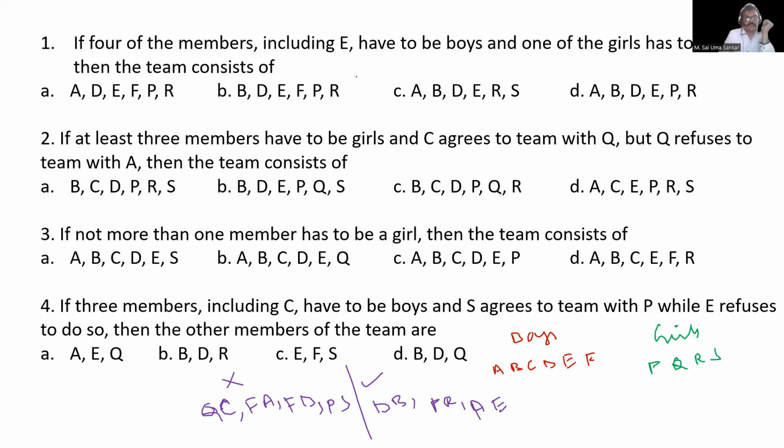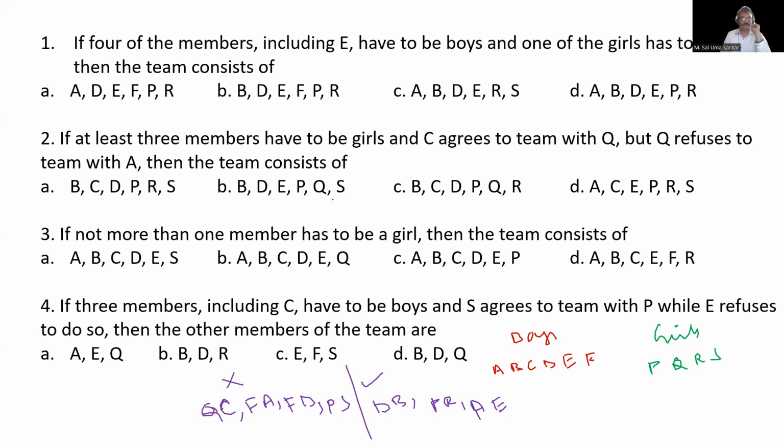Now, come to the first one. 4 members, including E, have to be boys, and one of the girls has to be R. Here, what happened? If 4 members, including E, have to be boys, and one girl has to be R, then the team consists of 4 boys including E, and R. So, what is the answer?